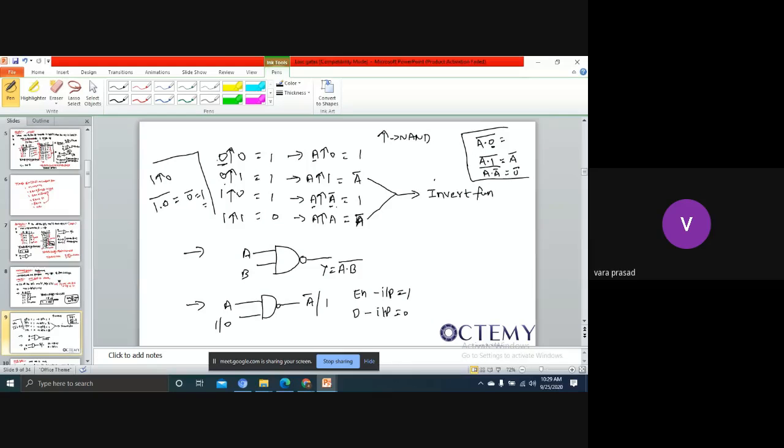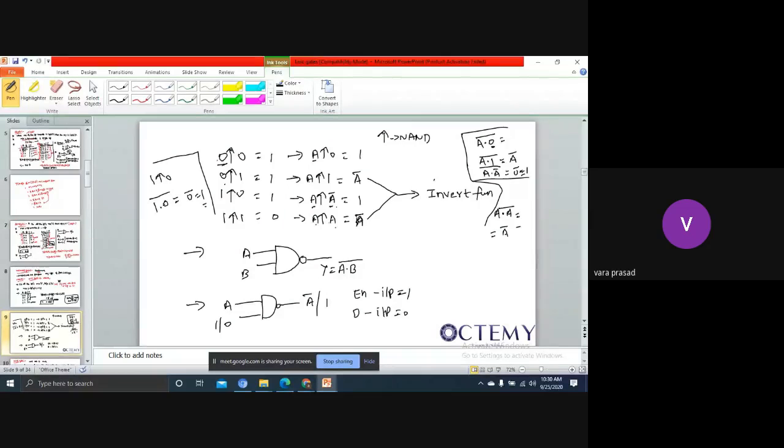A NAND A means A dot A whole bar. A dot A, according to the idempotent law, is A, so whole bar gives A bar. So A NAND A is A bar. Please keep in mind these two functions: A NAND 1 is A bar, and A NAND A is A bar.